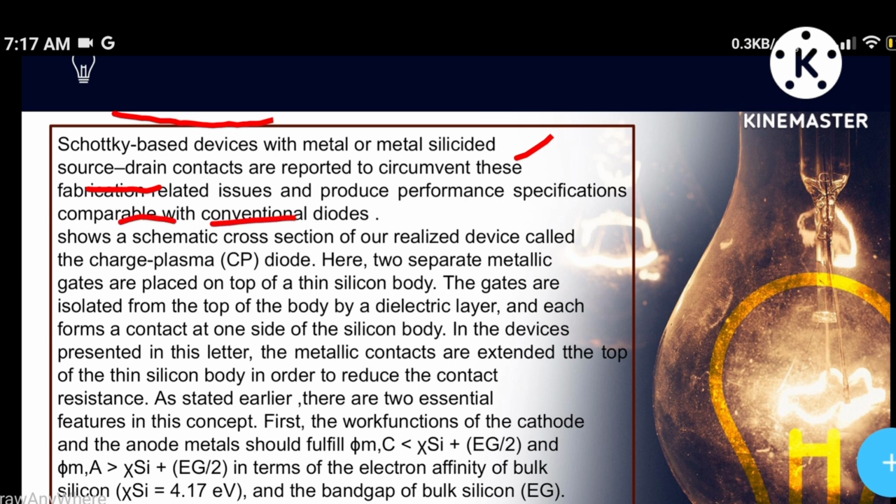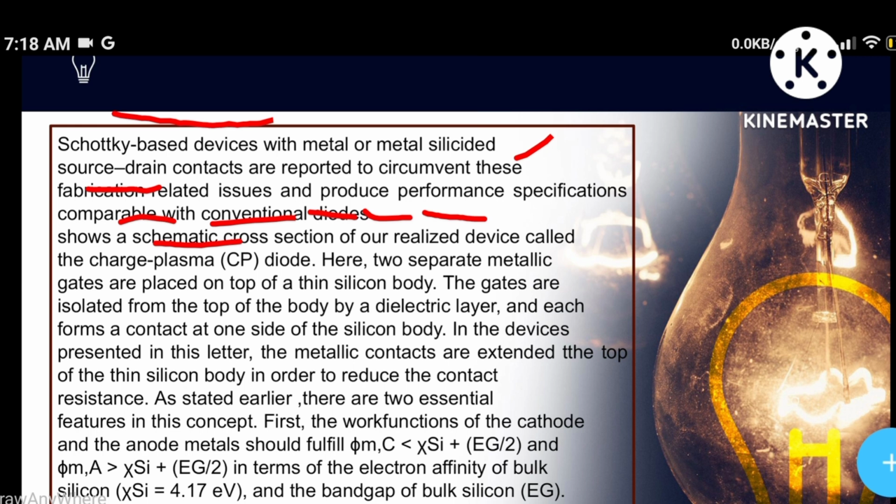This shows a schematic cross section of our realized device, called the charge plasma diode. Here CP means charge plasma diode, and in the whole PPT we are going to use CP.